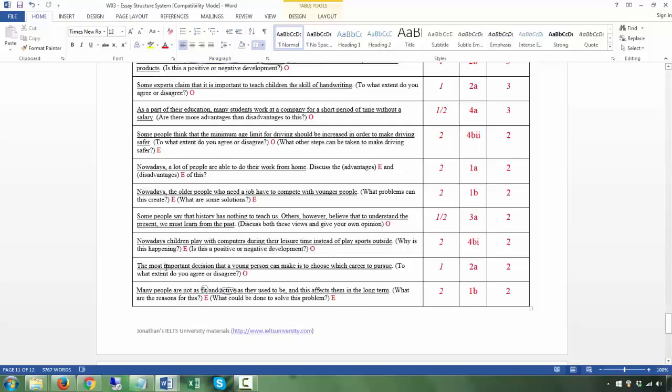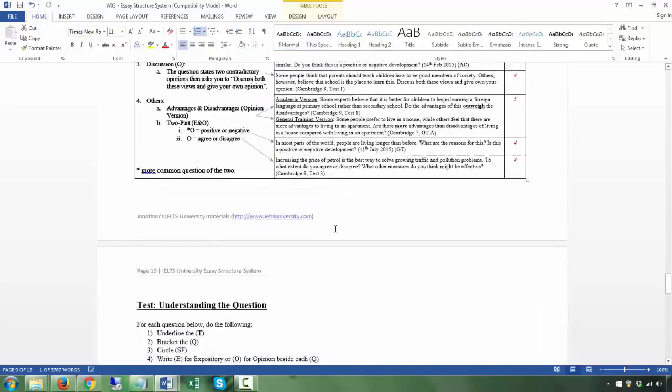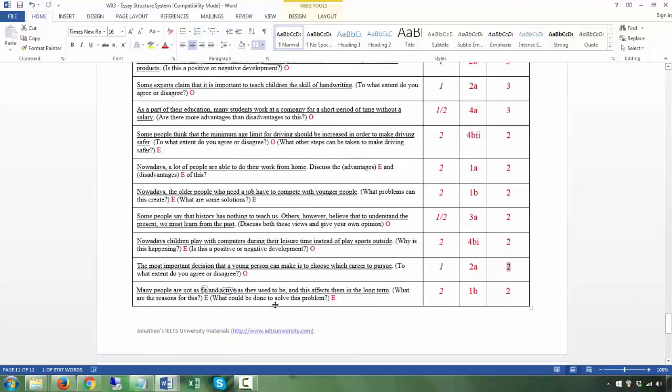Next, the most important decision that a young person can make is to choose which career to pursue. So that's the T. To what extent do you agree or disagree? The Q. This is an opinion question. You only have 1 question, and the kind of question is this 2A. And this is wrong. This should be 3.